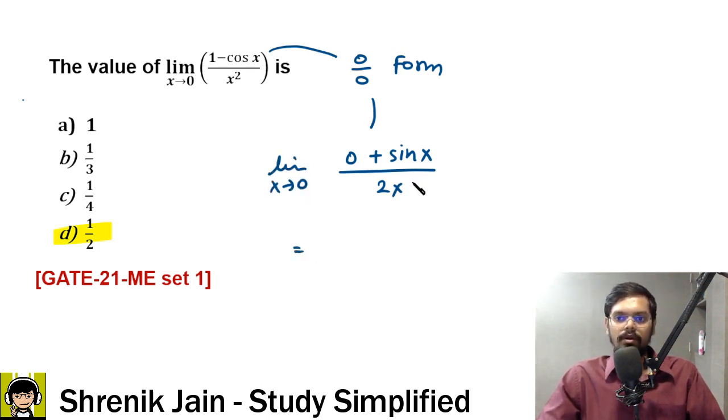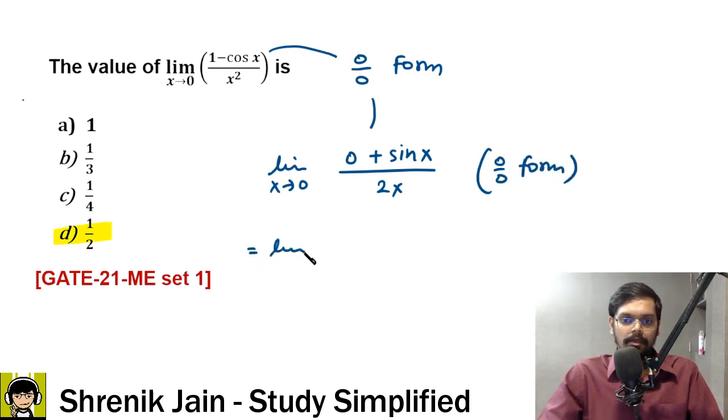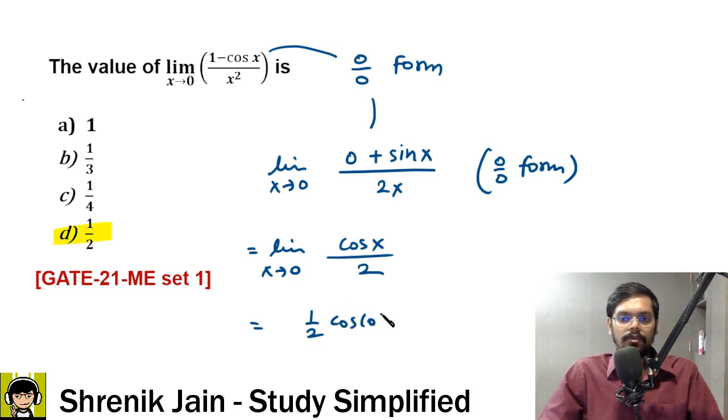So when I do x tends to 0 it makes it 0 by 0 again, isn't it so? Yes sir ji, it is 0 by 0 form again, so differentiate again. So limit x tends to 0, sin x differentiation is cos x, divided by 2. Now do the direct substitution. Sir, it is half of cos 0, cos 0 is 1, so half is our answer.